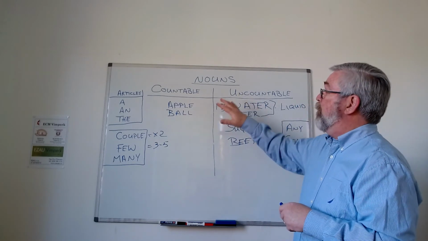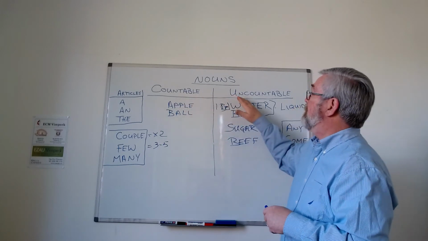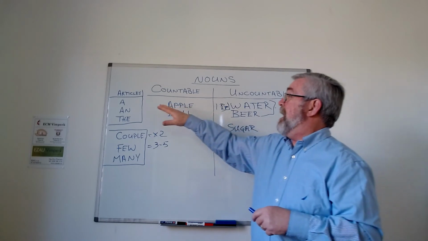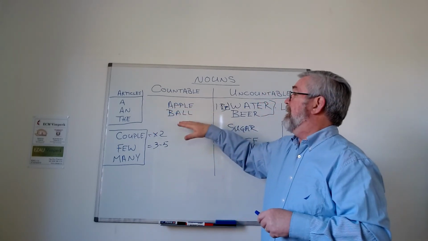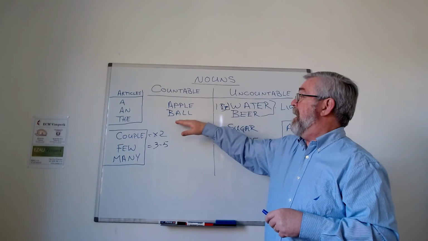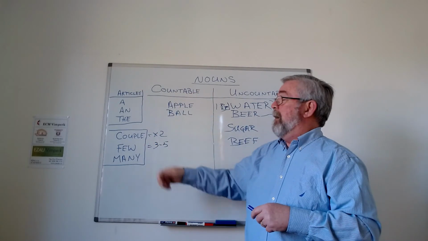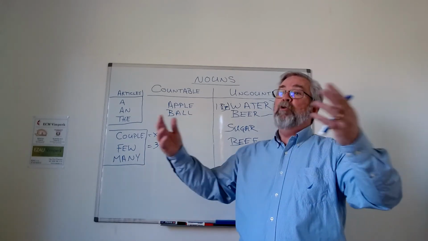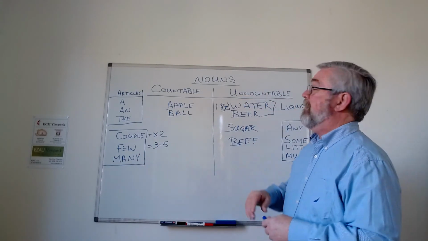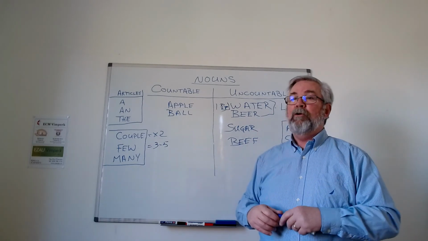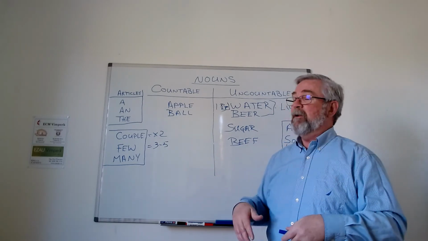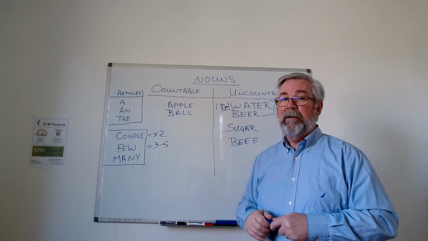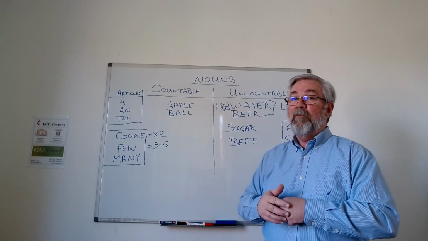So if you have any questions about nouns and how you use countable and uncountable, just remember, if you can say a, an, or the, a ball or an apple, a car, that's countable. Uncountable means that you don't know a specific quantity of it. You have to put something in front of it to make it a specific quantity. So that is countable and uncountable.